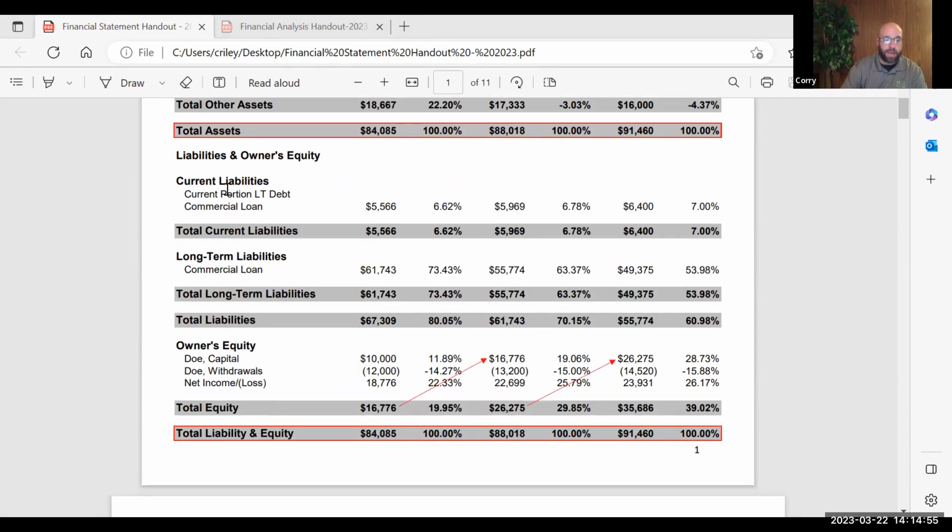When you come down here, in your chart of accounts it would be listed as a current liability or as a long-term liability, or as owner's equity, depending on the account that you're talking about. So if you're talking about your capital account, in your chart of accounts it will be listed as an equity account. Hopefully that answers your question. If not, please let me know. Be glad to help you out some more.